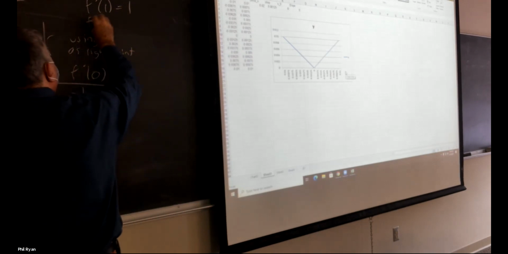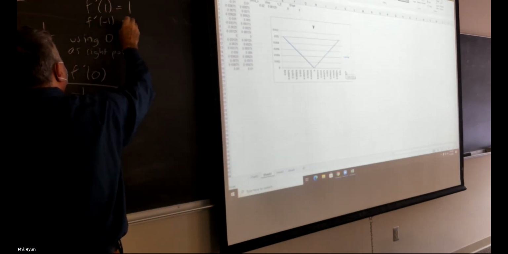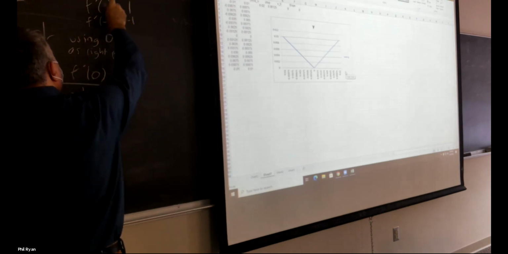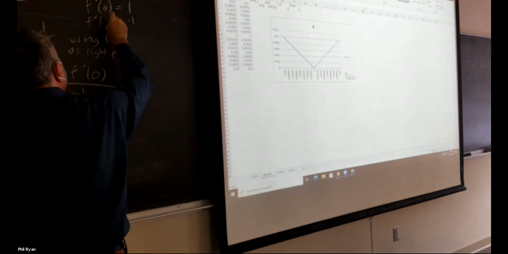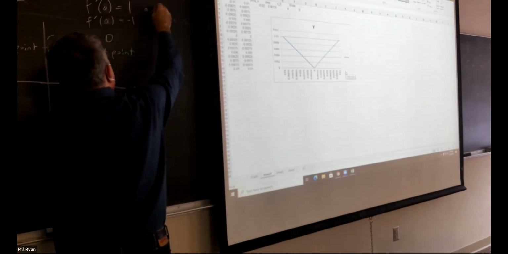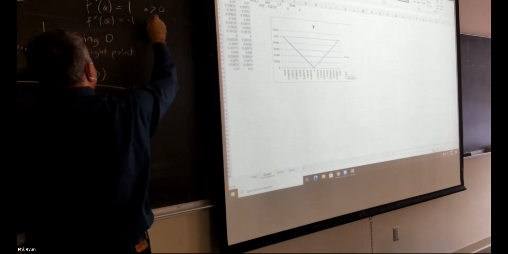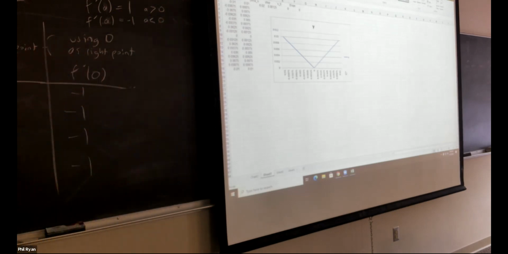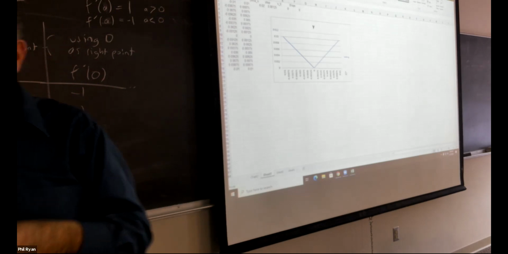And F prime of -1 would be -1. In fact, F prime of A for any A positive would be 1, and for any A negative would be -1. Exactly right.